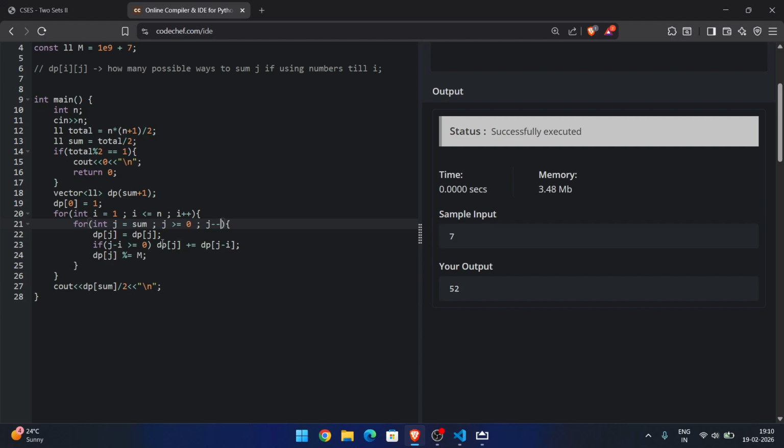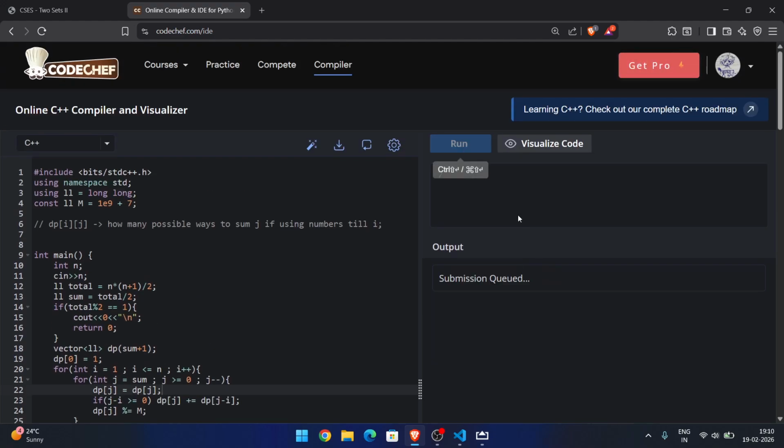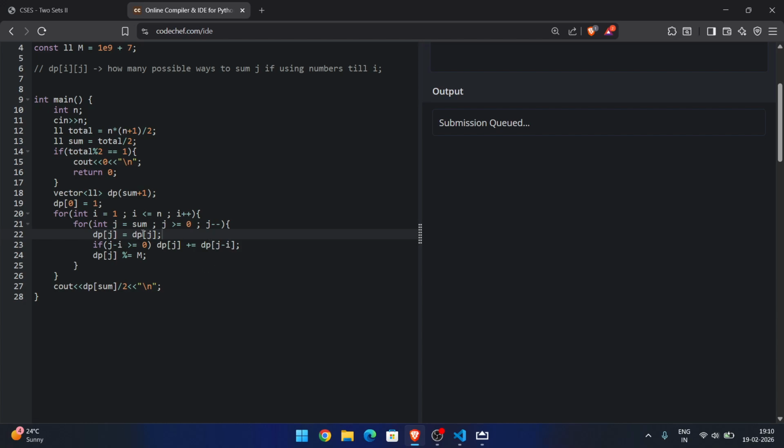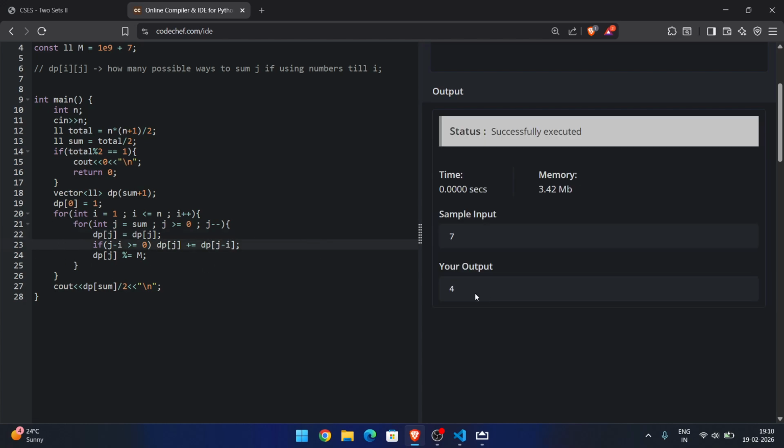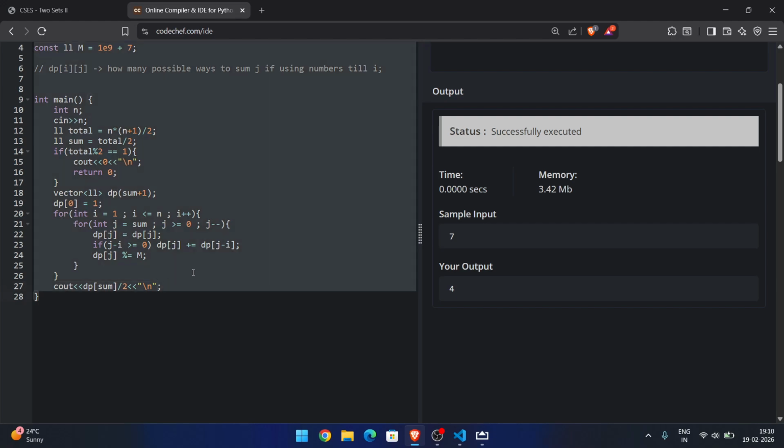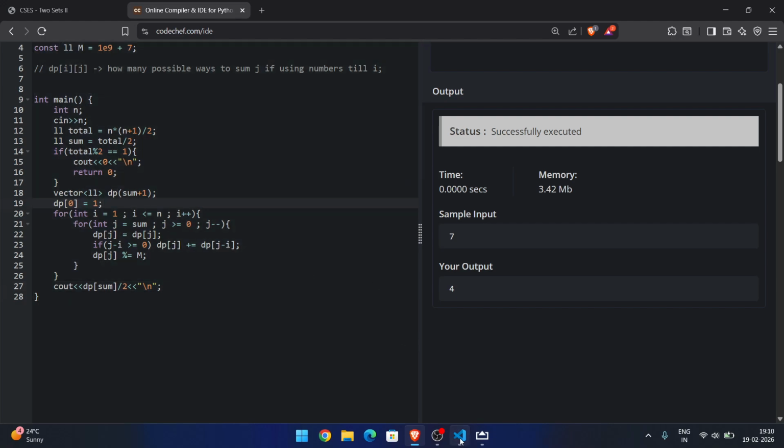Suppose there were 5 ways where we can get our answer J. If we are modifying for current J, then the previous J should not be modified. But if we are moving forward, our previous answer would be modified, and that will give us some error in our current answer. So that's why we iterate from backward. As you can see, now this will work. Let us try to submit it.